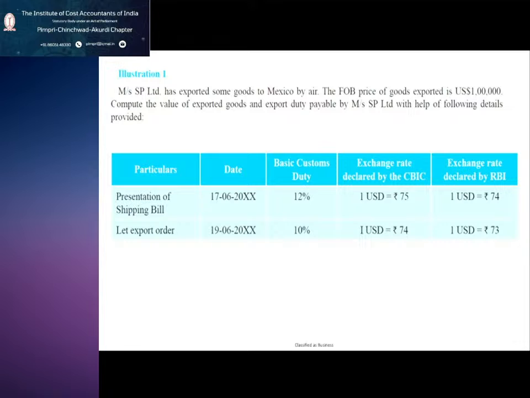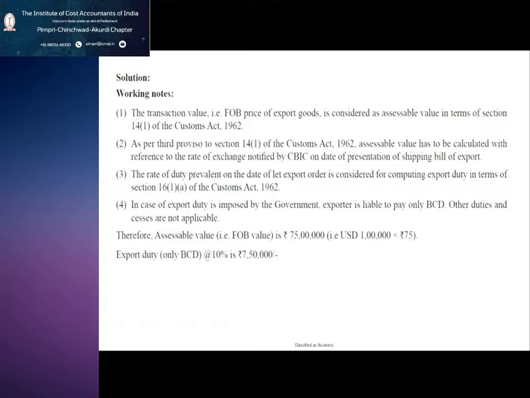There are two things while considering the exchange rate. Which exchange rate do you consider? It is the presentation of shipping bill and not the LET export order. That is also given in our rules: the assessable value has to be calculated with reference to the rate of exchange notified by CBIC on the date of presentation of shipping bill of export.